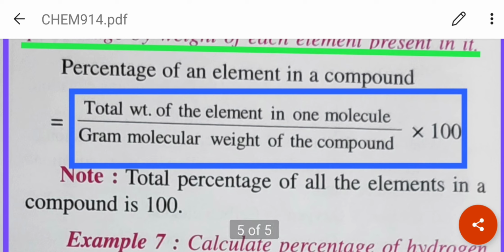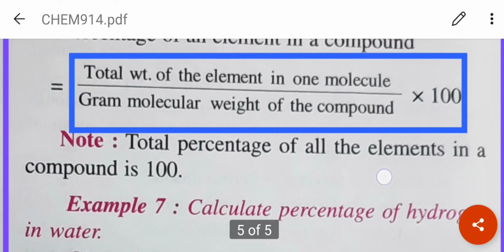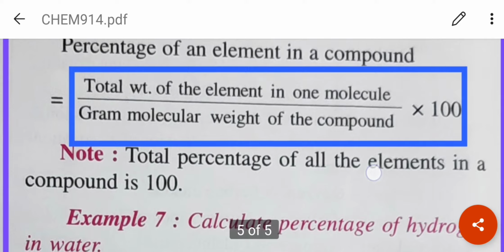Percentage of an element in a compound is equal to the total weight of the element in one molecule divided by the gram molecular weight of the compound, into 100. Total percentage of all the elements in a compound is 100.